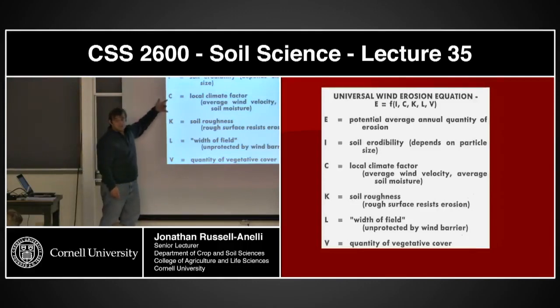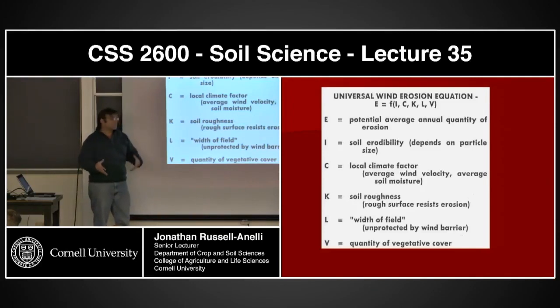Then local climatic conditions, in essence very similar to rainfall, except in this case we're looking at wind velocity and how much moisture is in the soil. Roughness of the soil is very similar to the slope. How much scope that wind has to reach across the soil to actually carry something. Then the wind length, the actual scope of the field, and vegetative cover.